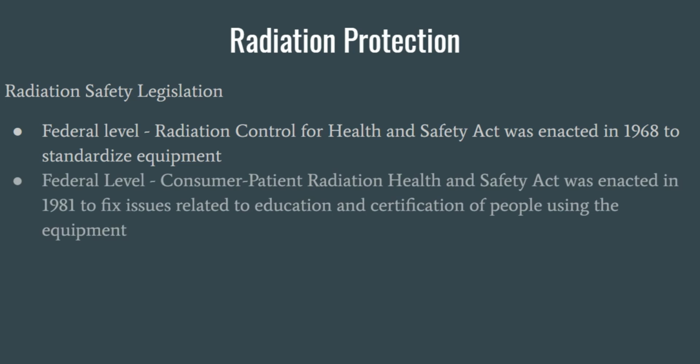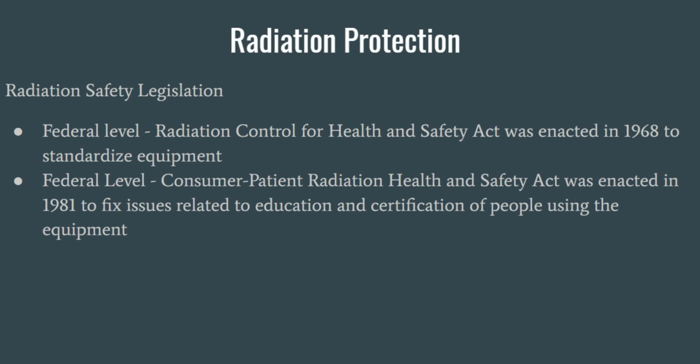And the second one is also at the federal level, and it is the Consumer Patient Radiation Health and Safety Act. It was enacted in 1981 to fix issues related to education and certification of people using the equipment. This is the act that created requirements for the accreditation of any education program that trains people who are going to be taking radiographs.